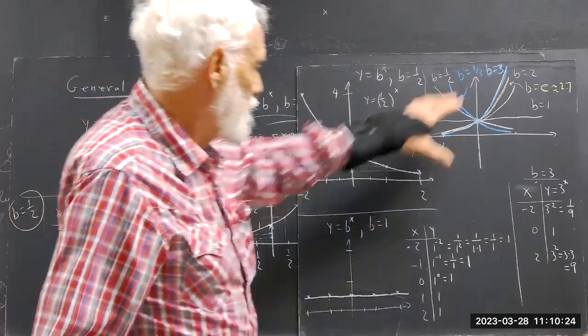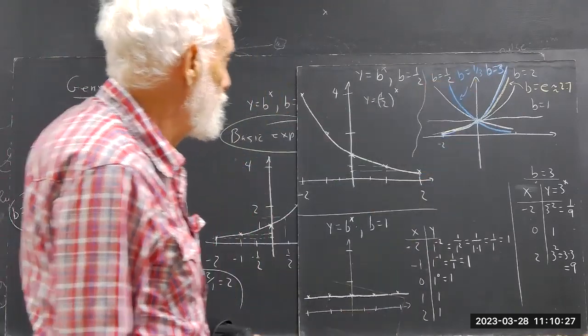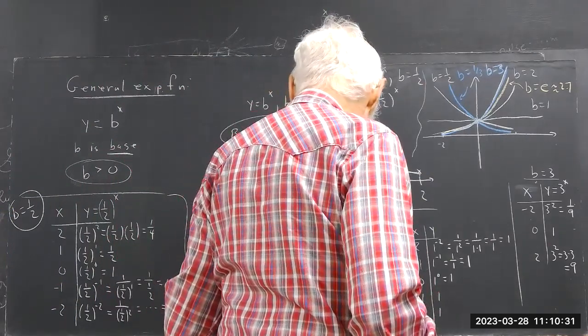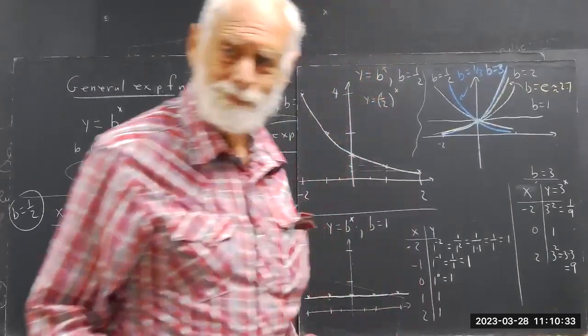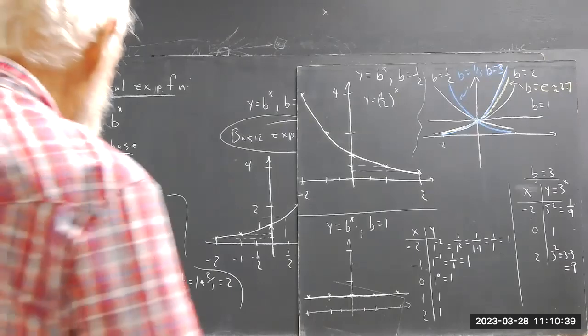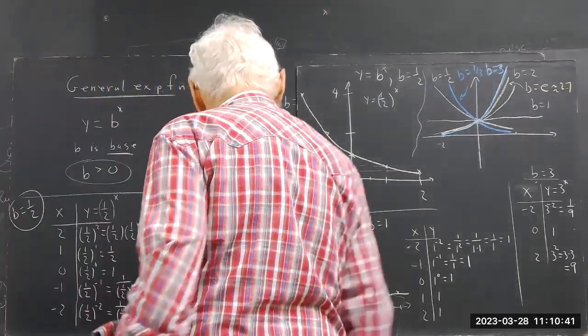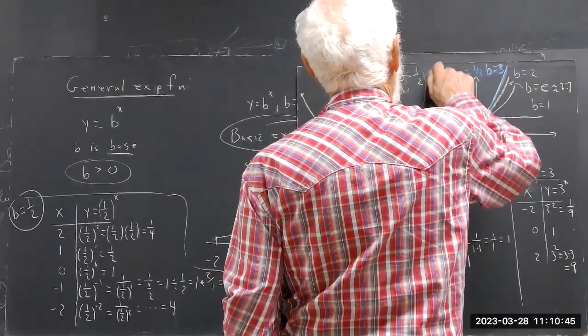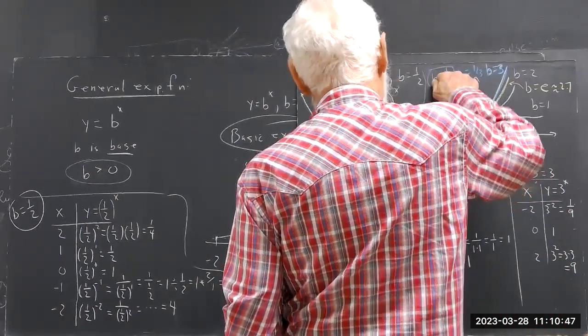I constructed this graph a little more slowly, but you see that b equals 1/2 graph. No, there exists a piece of purple chalk in here I can actually write with. So let's say the b equals 1/2 graph. I'll color this in purple.